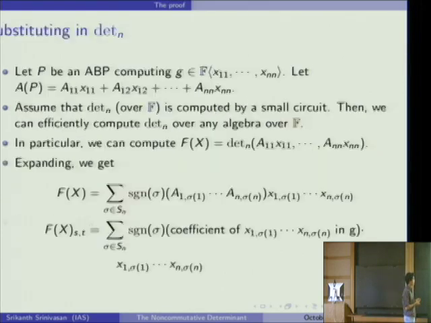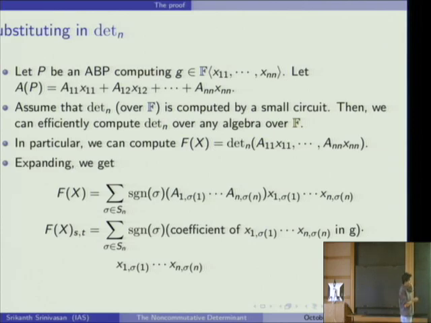Okay. So the proof of this is actually fairly simple. I'm just doing this with f being the determinant, for example. So let me start with the determinant. What I'm just doing is plugging in the matrices that come from this ABP. It's a11, x11, and so on until an, xn. When I expand the definition of the determinant, what I really get is the same thing, only in addition there is this term here, which comes from the ABP.